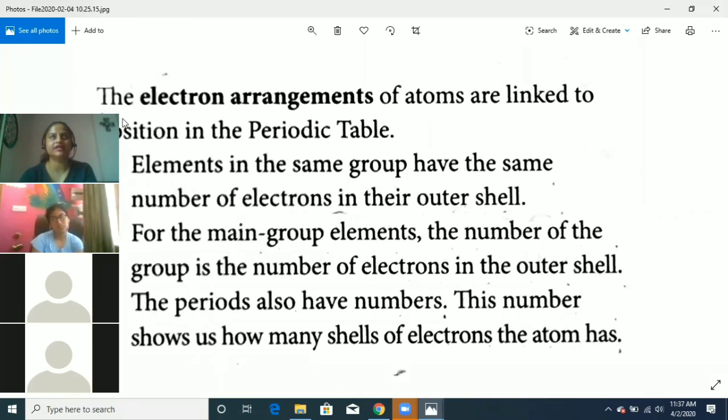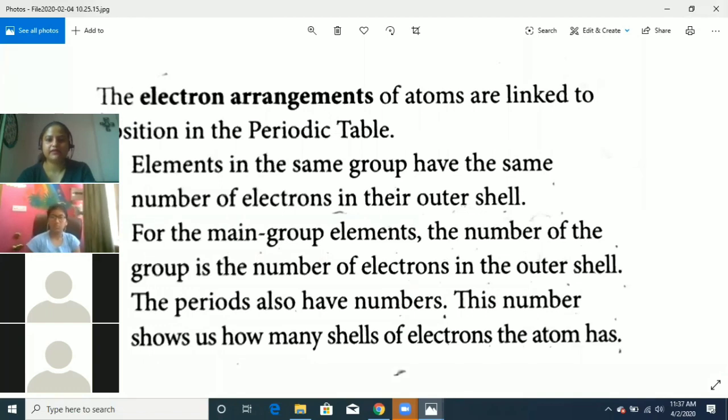If the atom loses electrons, it gains a positive charge. If an atom gains electrons, it gains a negative charge. That charge is called oxidation number. So the elements of the same group have the same oxidation number. Sometimes a few elements show more than one oxidation number, that is called variable oxidation number, that we will discuss later.